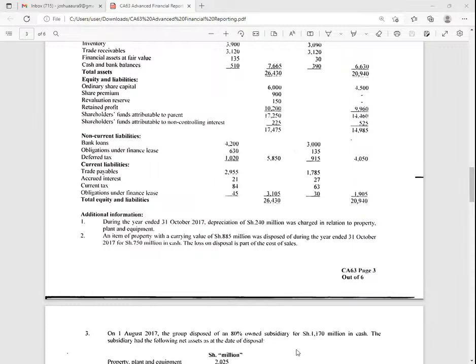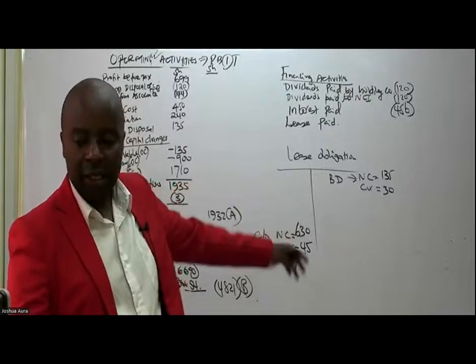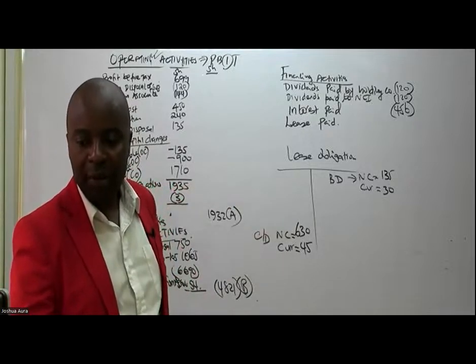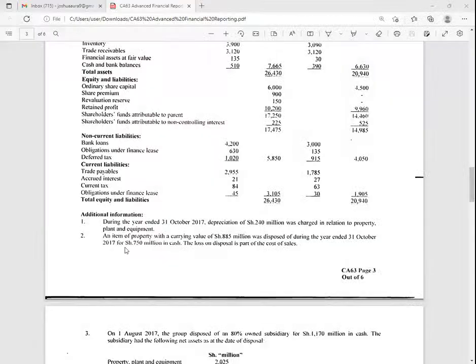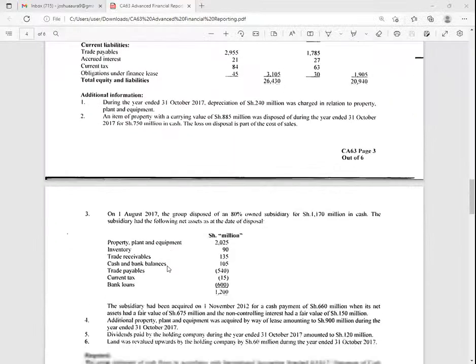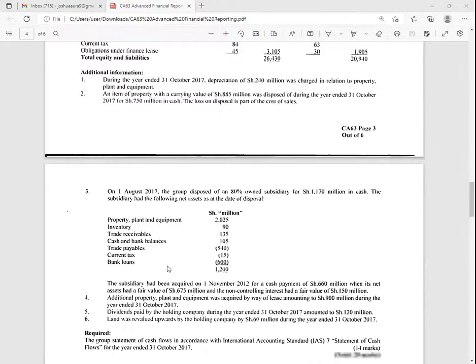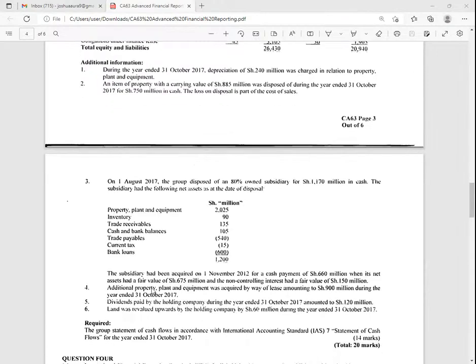I hope you've been able to write your T account nicely like that. Then we shall look at what happened during the year. We are told that additional property, plant and equipment was acquired by way of lease, 900. So we never paid for this.